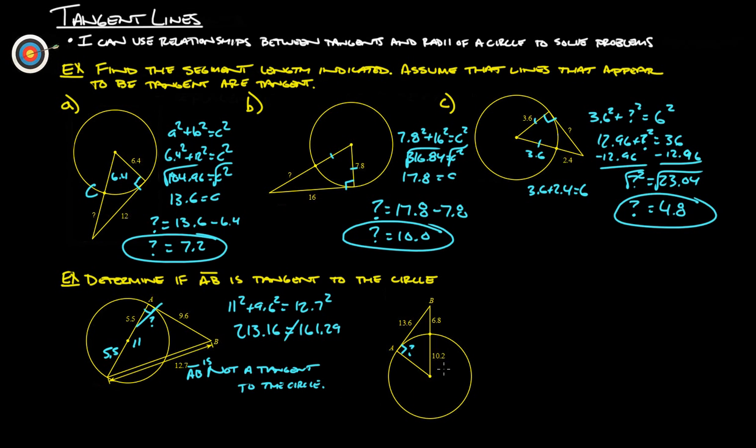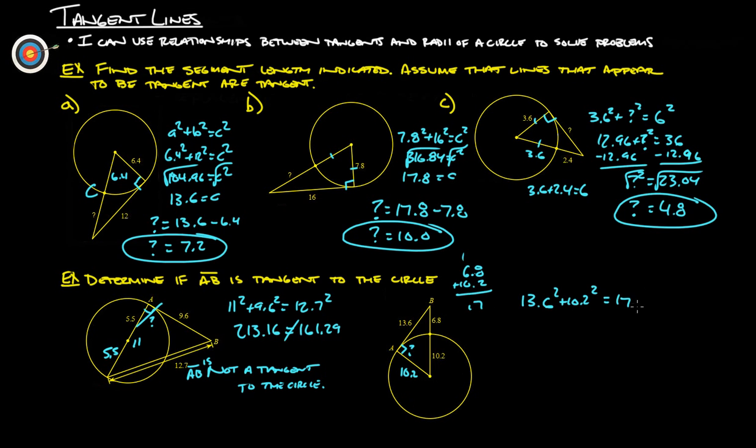Okay? Let's try the same idea with this here. We got 13.6. Let's see. This is 6.8. This is 10.2. So this is 10.2 as well. So 13.6 squared plus 10.2 squared has to equal, let's see, 6.8 plus 10.2 is going to give us 17.